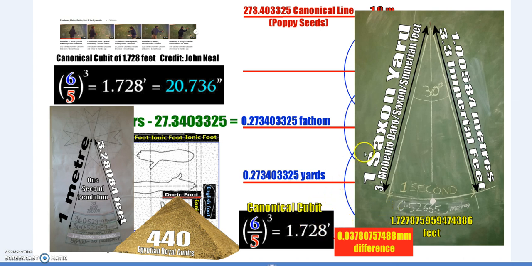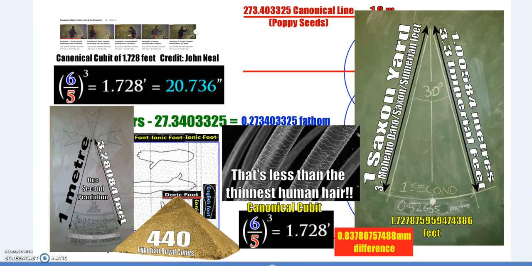The canonical cubit, well, 1 meter is 273.403325 canonical lines or poppy seeds, and we already saw yards and fathom dividing the meter up, and that also relates to less than a human hair.